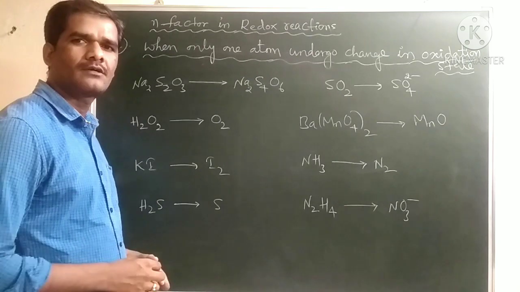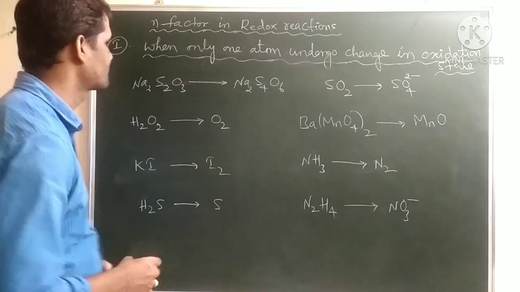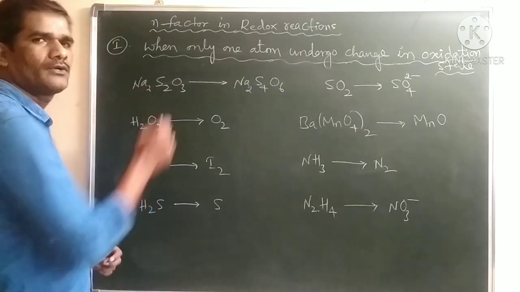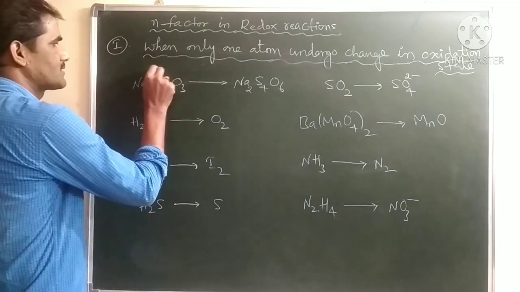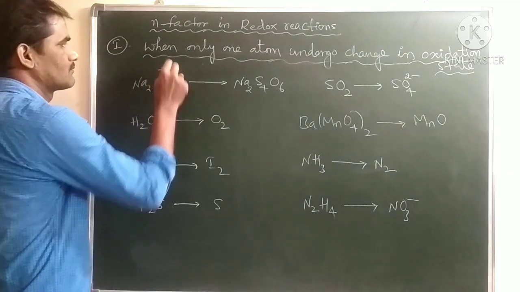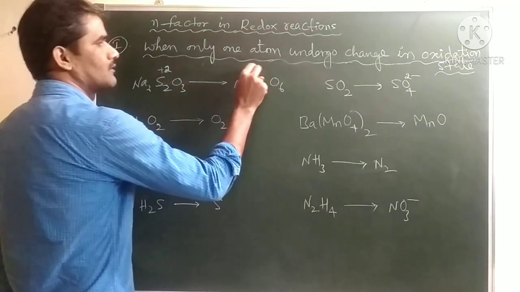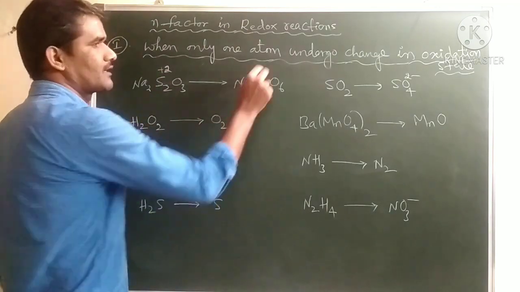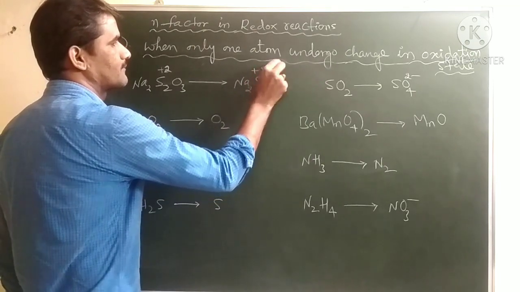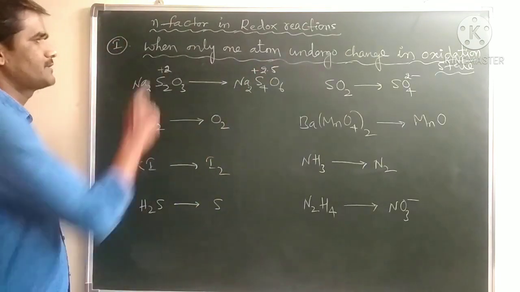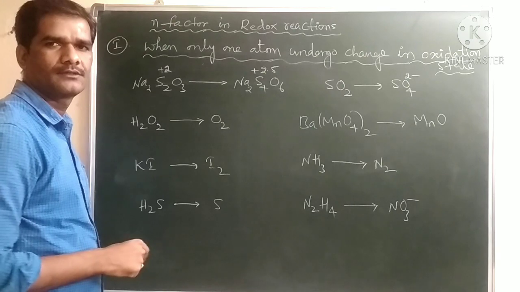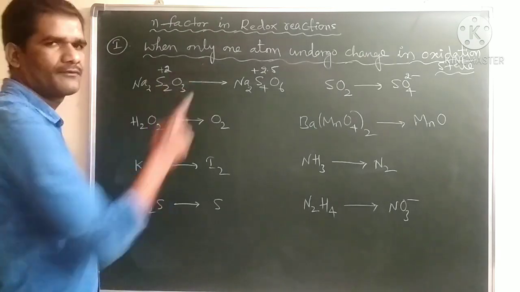Okay. Now we will check all these examples here. First, Na2S2O3, here sulfur oxidation state +2 is changing to the average oxidation state of +2.5 in tetrathionate. What is the change? +2 to +2.5, 0.5 change.